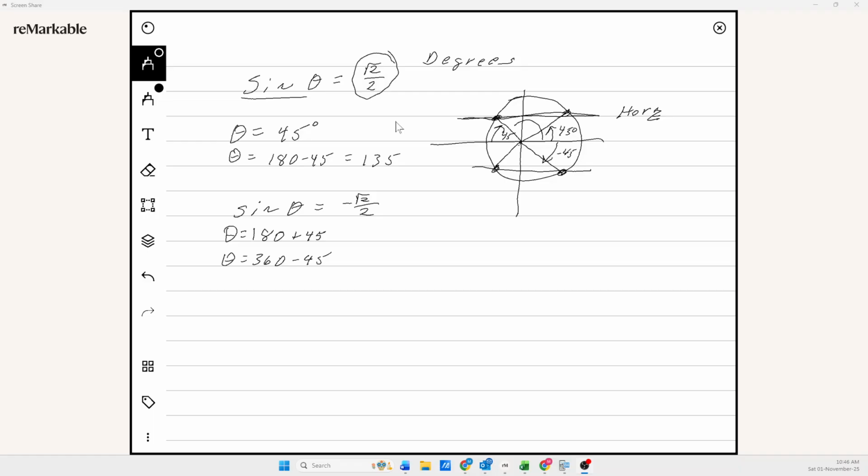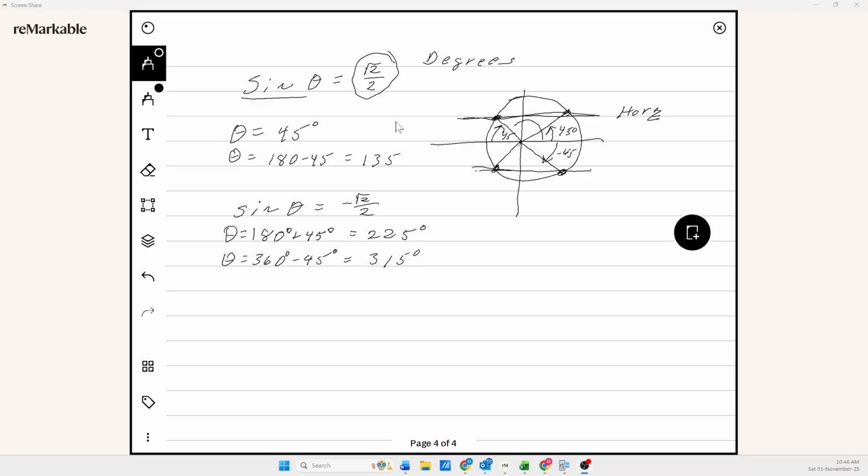So if I'm plus 45, I'm at 225, and if I'm minus 45 from 360, I'm at 315, right? And those are all degrees. I keep forgetting to put my little degree symbol there. All right, so in the Delta Math, they'll ask for whether it's a horizontal line or vertical line.